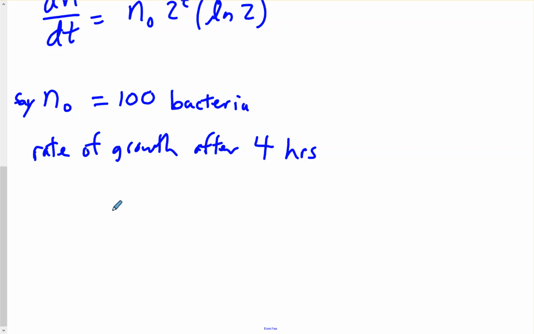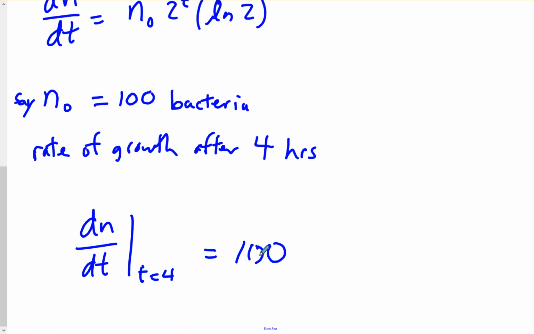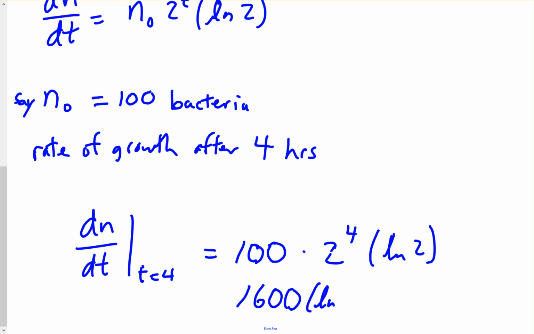We have dn/dt, and then we would plug in t equals 4. So we have 100 times 2 to the 4th times ln 2. 2 to the 4th is 16. 16 times 100, that's 1600 times the natural log of 2.